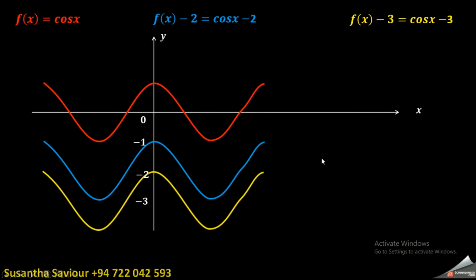I think now you could understand this transformation really well. Here also it is very beautiful. If you have another curve here, f(x) minus 1 also, and minus 4 and so on, then it will be a very beautiful pattern, right? Okay, we will move on and see.